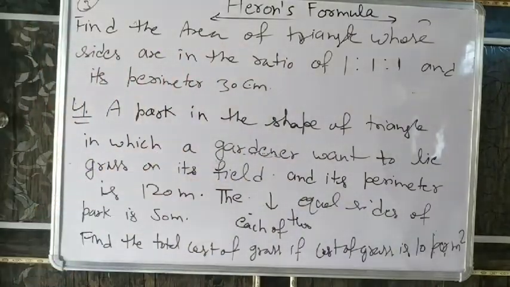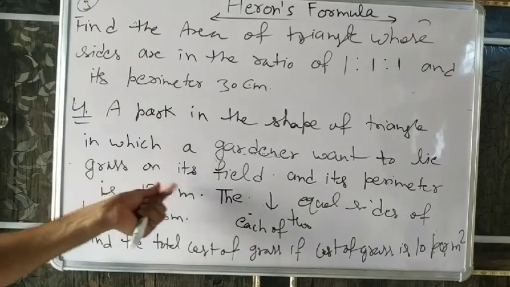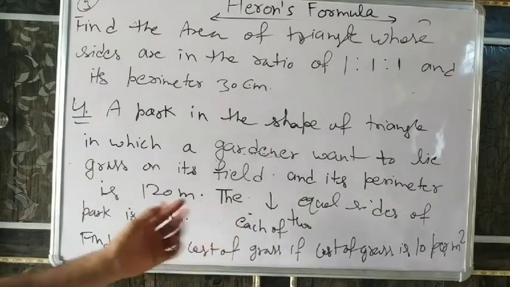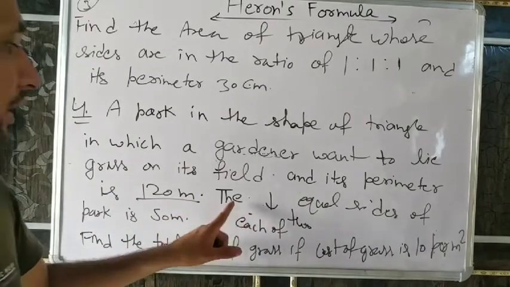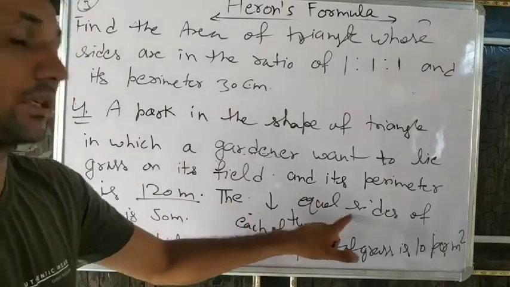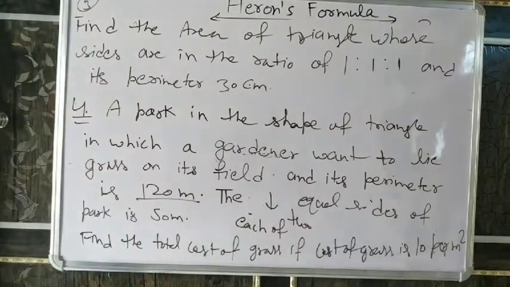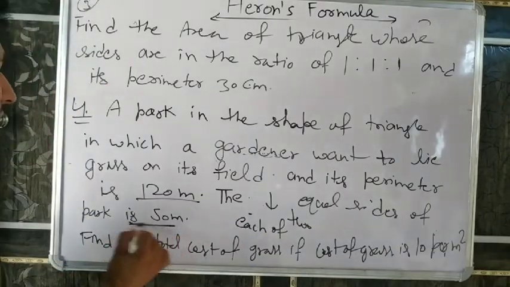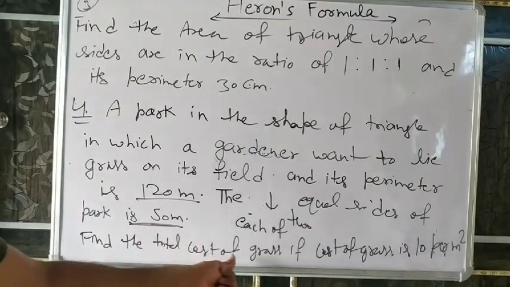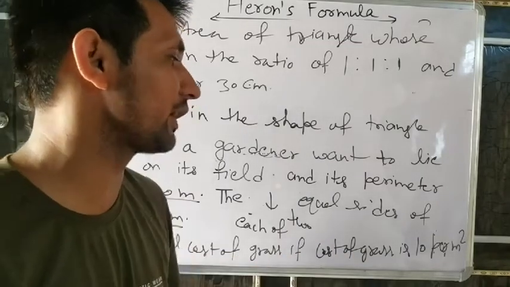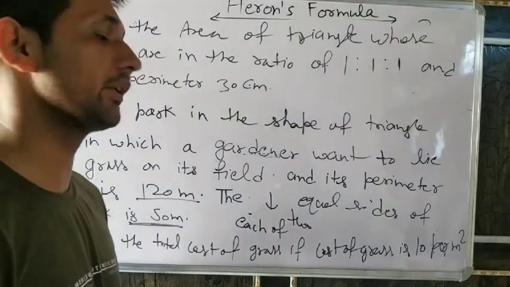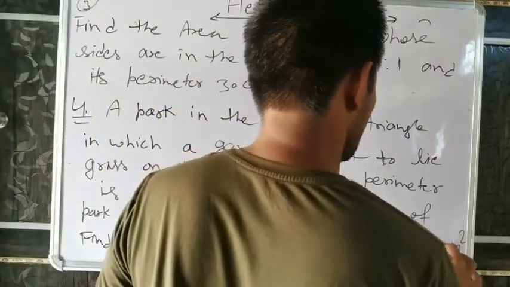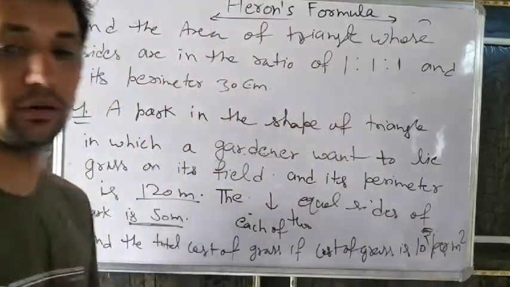A park in the shape of a triangle in which a gardener wants to lay grass on its field, and the perimeter of the triangle is 120 meter. Each of the two equal sides of the park is 50 meter. Now find the total cost of the grass if the cost of grass is 10 rupees per meter square.